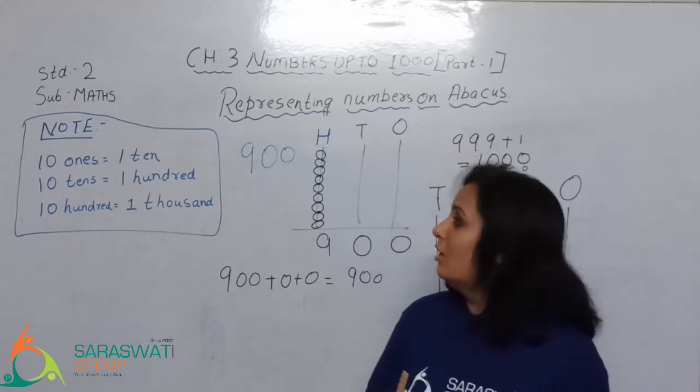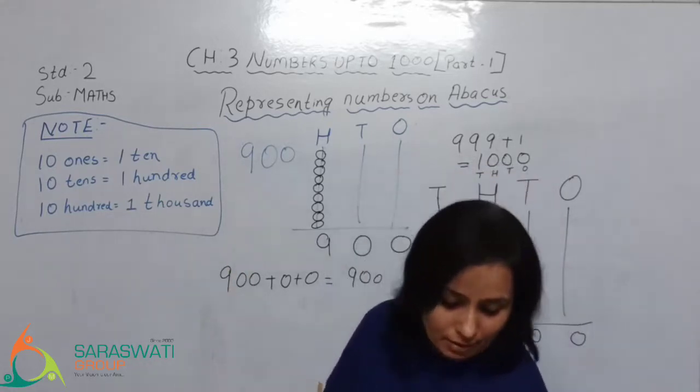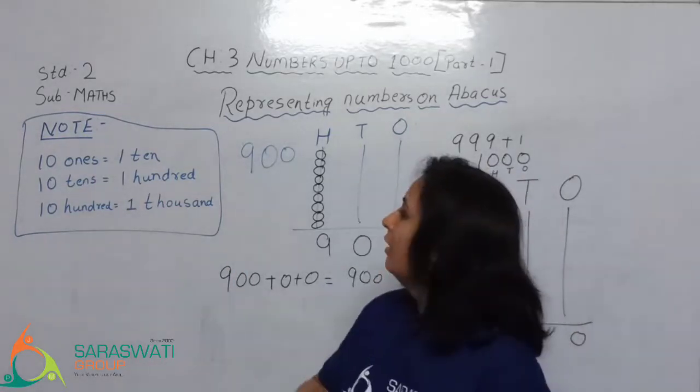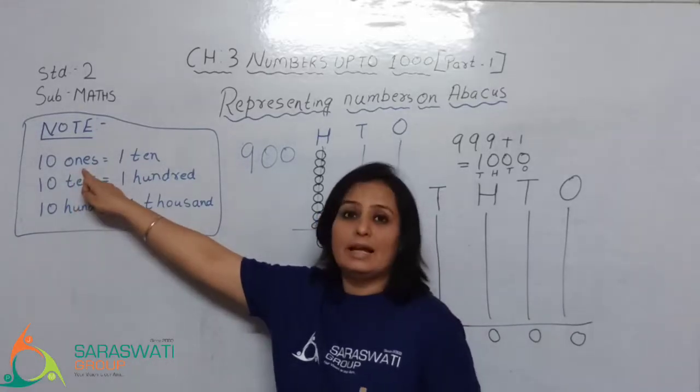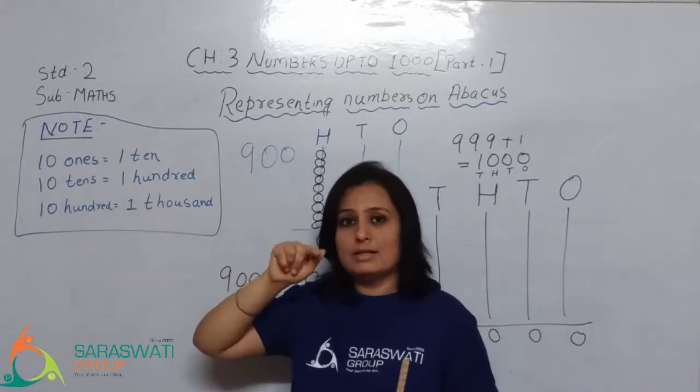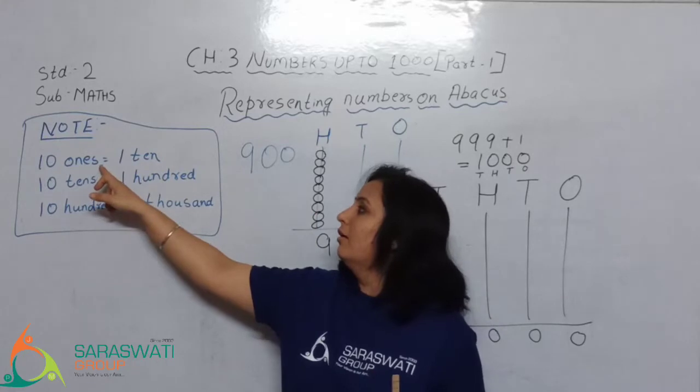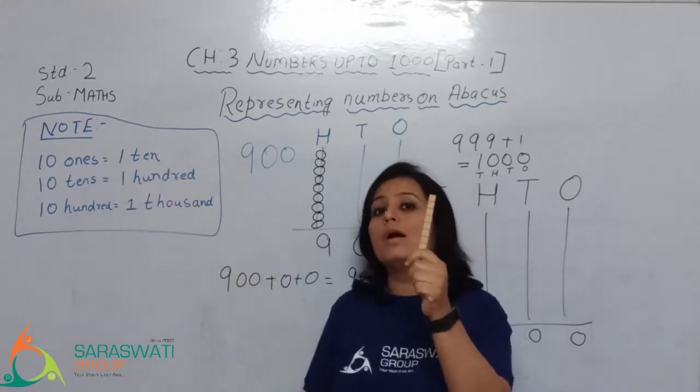Right? You can see on the board the same thing I have written, that 10 ones, 10 loose ones, single blocks will give you this kind of 110.